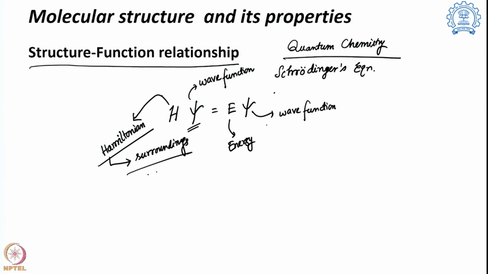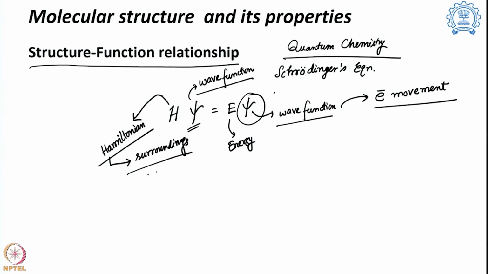So, what does this wave function mean? Wave function means, typically when you are talking about an electronic system, how the electron is moving, the electron movement. If I want to define that with a mathematical expression, that is the wave function psi.